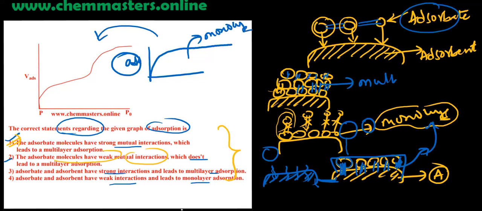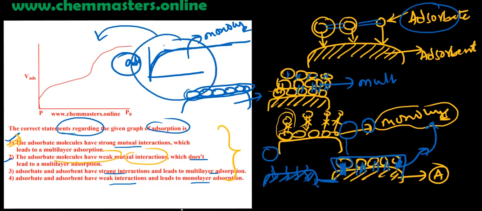Because after complete adsorption of adsorbate molecules by forming a monolayer on the adsorbent, there is no further adsorption. So at the starting state the adsorption is very rapid, and after the formation of the monolayer there is no further adsorption. So we call this graph monolayer adsorption.